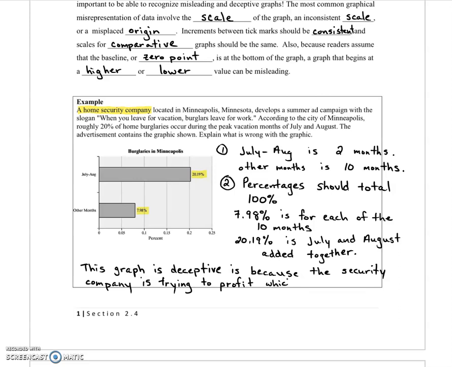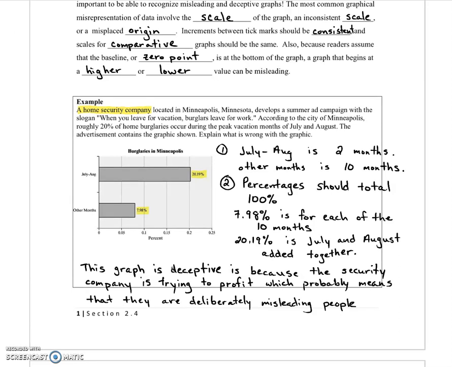Which probably means that they're deliberately misleading people. And remember, we say it's deceptive if it's deliberate.